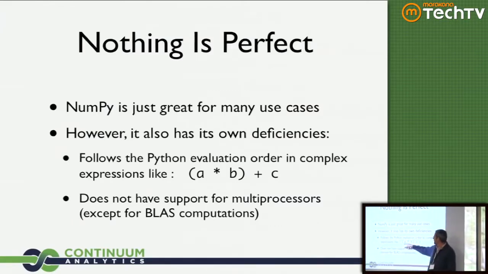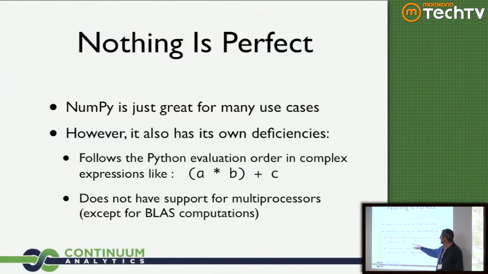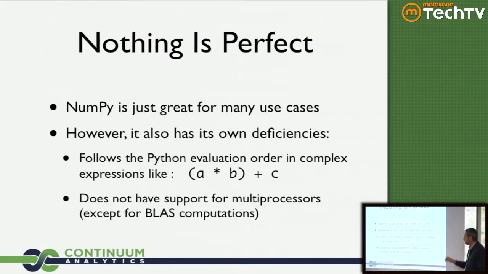For example, if you are evaluating A times B plus C, you first need a temporary to host this information, and then add the C array here. I will explain why this is a problem in more detail in a few minutes.